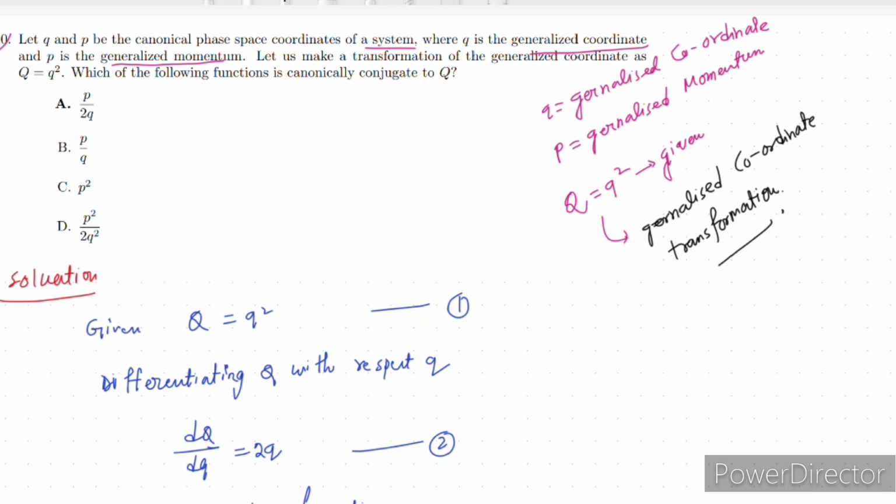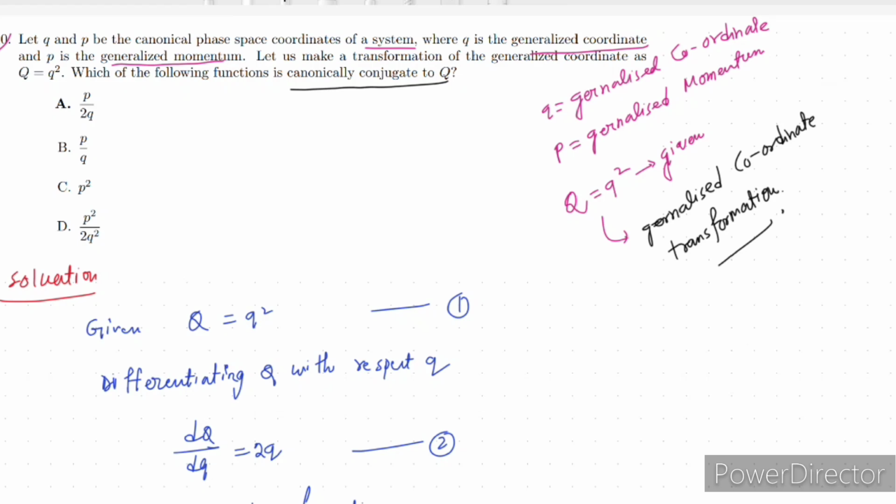Which of the following functions is canonically conjugate to capital Q? Q is the generalized coordinate transformation.